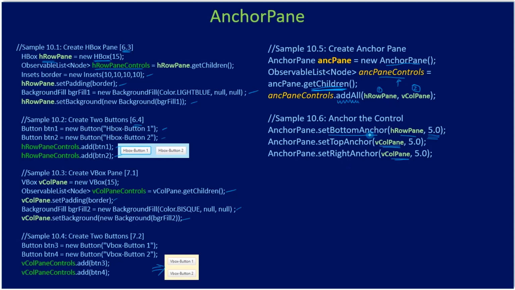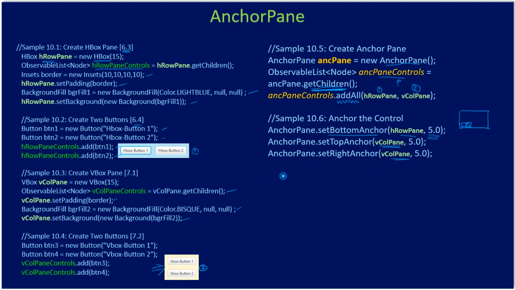So that means a bottom anchor here for our hrowPane. If this is the container hrowPane, let's state this is 1 and this is 2. hrowPane setBottomAnchor 5. So this is where we are fixing that, and this distance is 5.